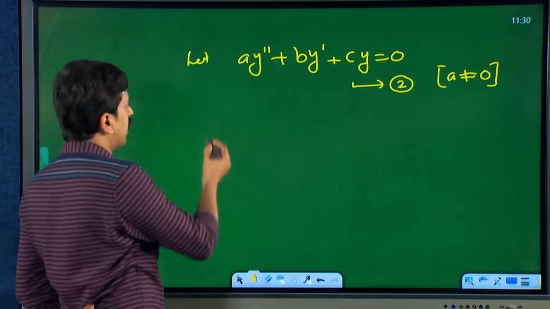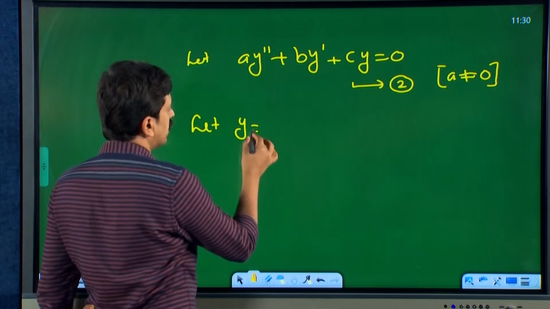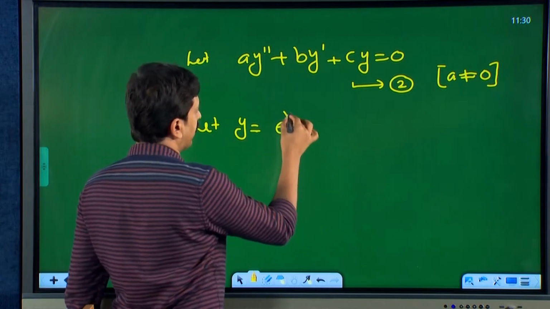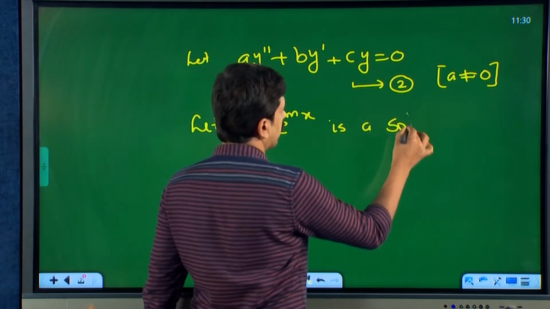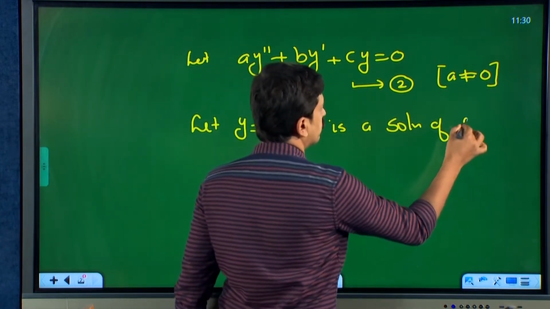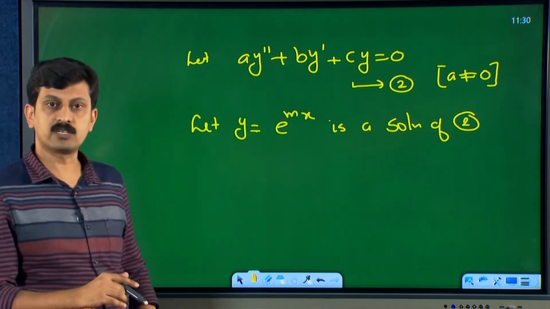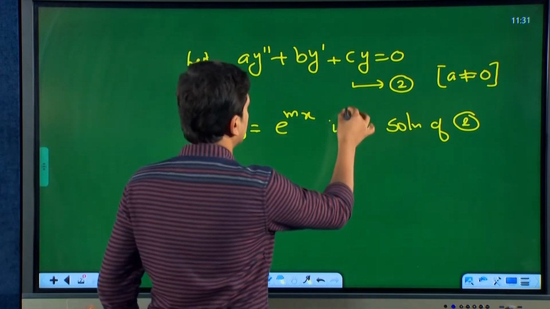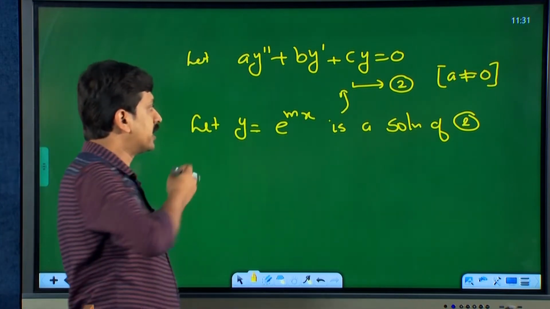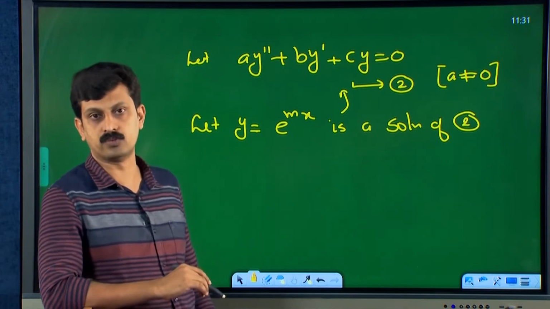See here, let y is equal to e raised to mx be a solution of equation 2. We suppose that e raised to mx is a solution of a y double dash plus b y dash plus c y equal to 0.